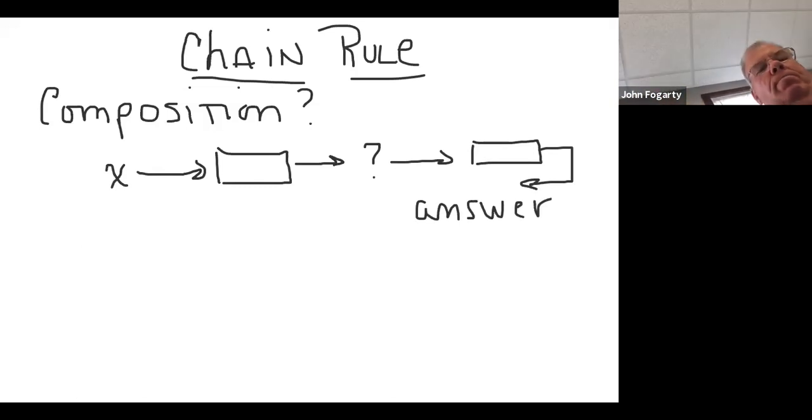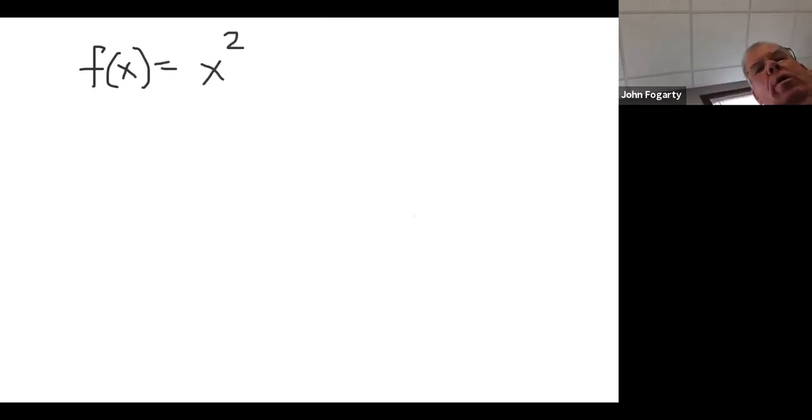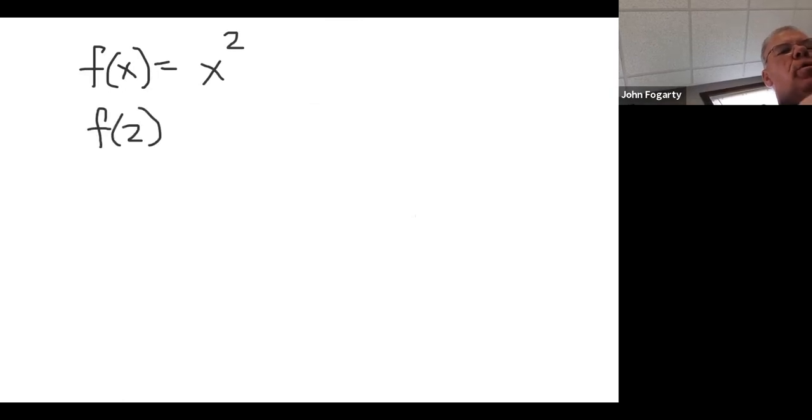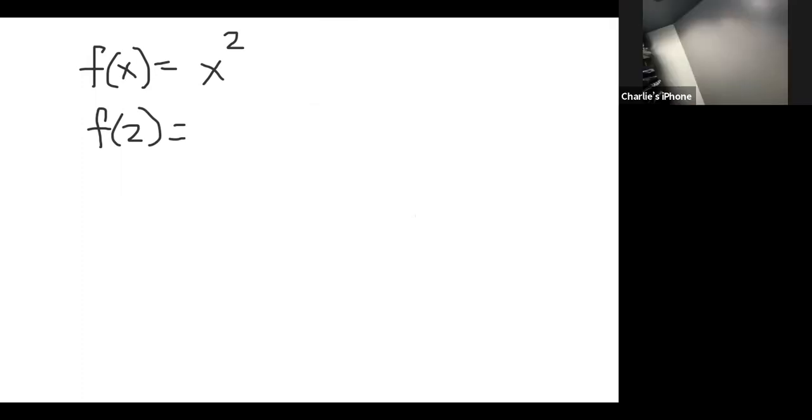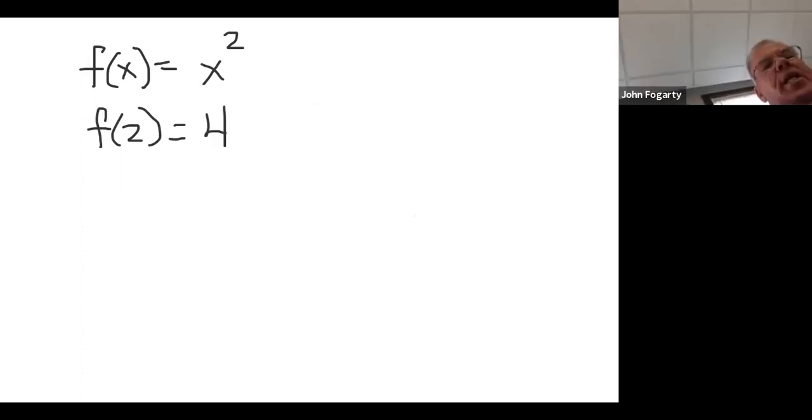So you end up with two different functions. For example, if I said to you, f of x equals x squared, that's just one rule. So what's f of 2? 4. But then you're finished.